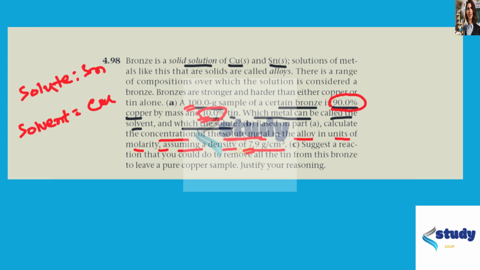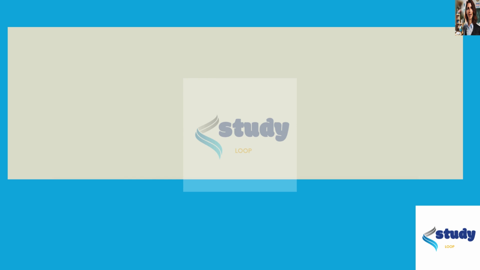Now in the third part of this problem, we have to find a reaction that we can do to remove all the tin from this bronze to leave a pure copper sample. One reaction we can do is add hydrochloric acid to this solid solution.